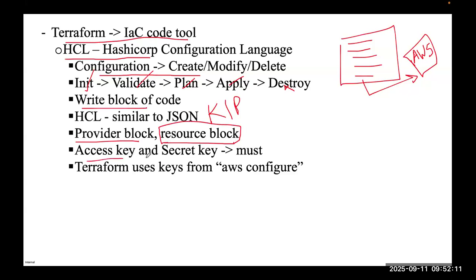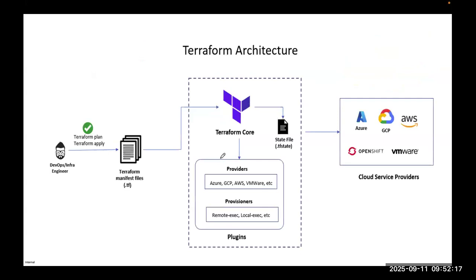The fundamental authentication is via access key and secret key. Okay. Here comes the Terraform architecture. You are the infra engineer, the DevOps infra engineer who is writing all the Terraform code either locally or using Git.